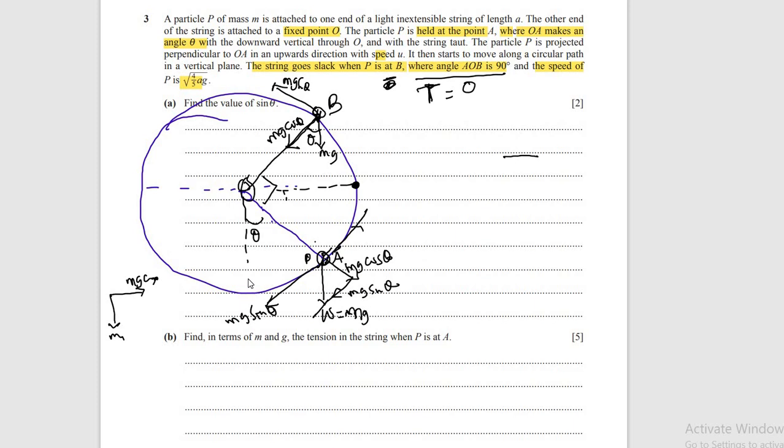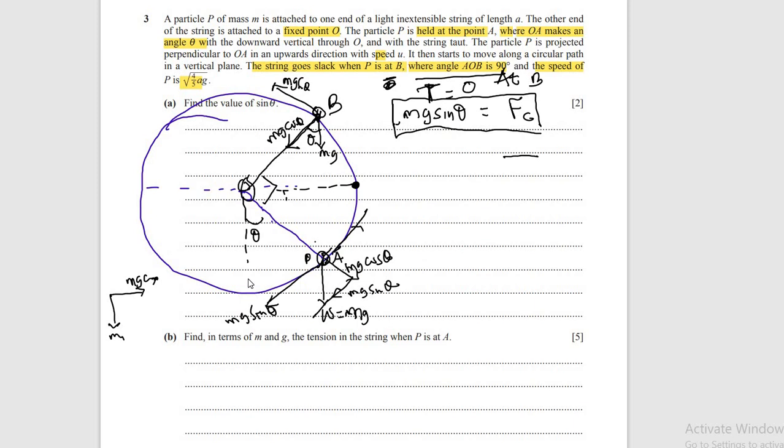So at that point, when the tension is 0 at B, the only force available is mg sin theta. So mg sin theta will be the only one to provide centripetal force. Remember, centripetal acceleration is perpendicular to the direction of velocity.